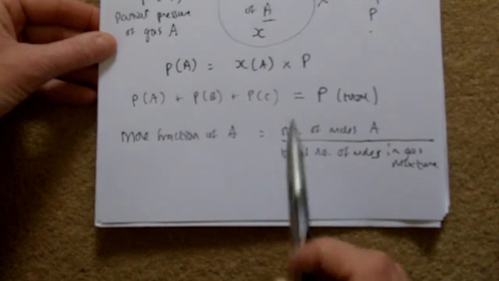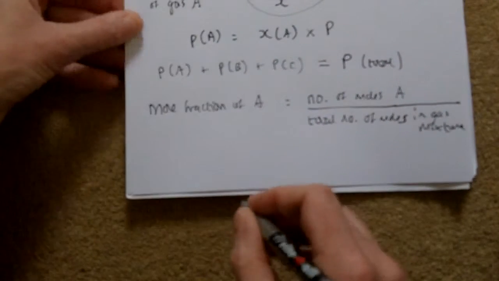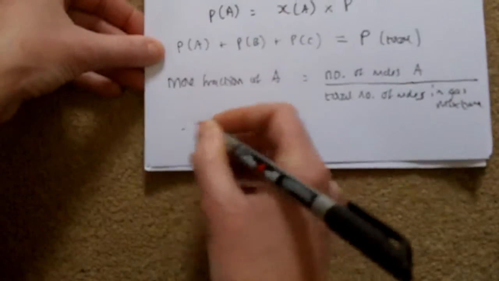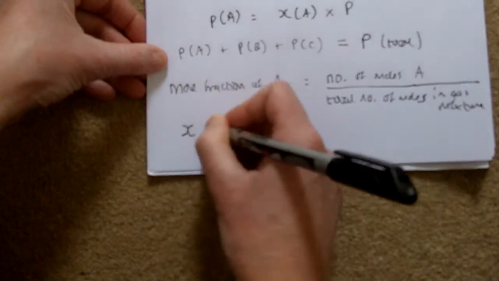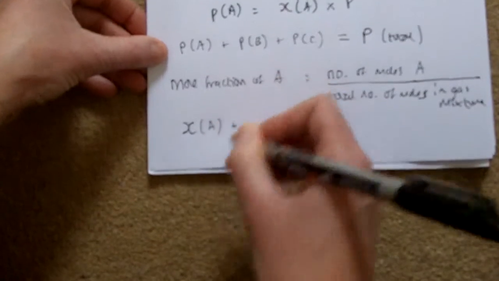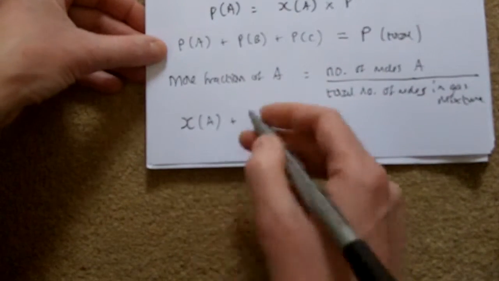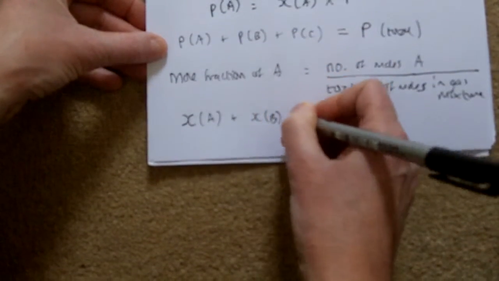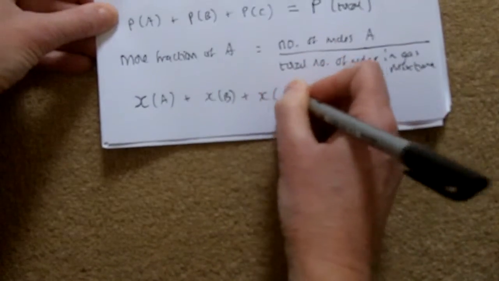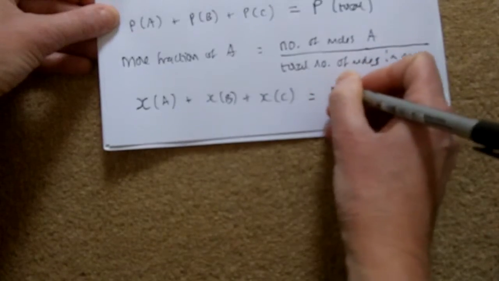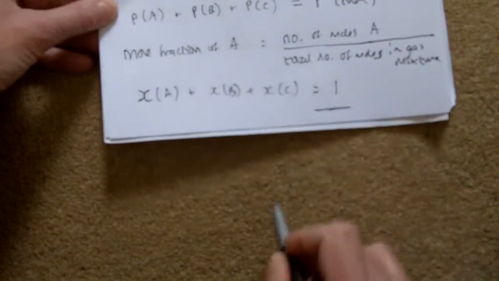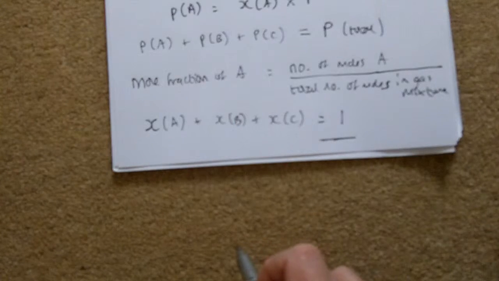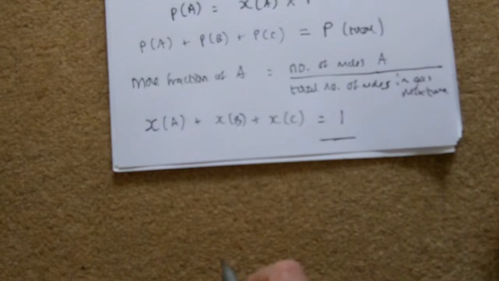If you add the mole fractions together, say the mole fraction of gas A, gas B, and gas C, then they should add up to 1. So it's important you check your calculations to make sure that it does actually add up to 1.